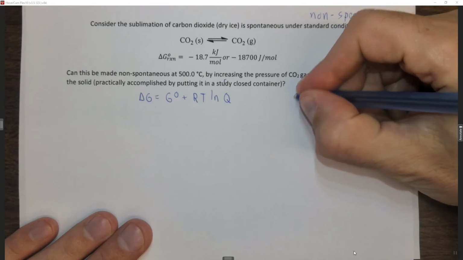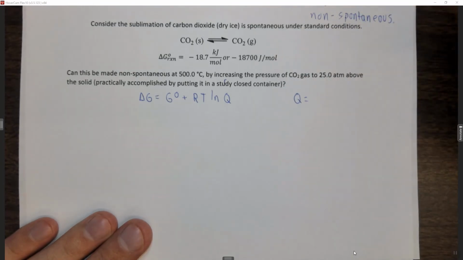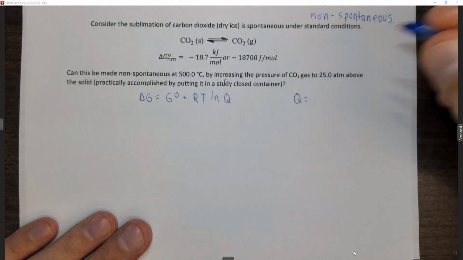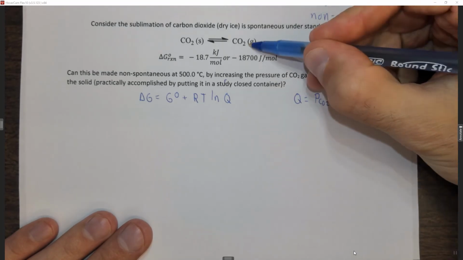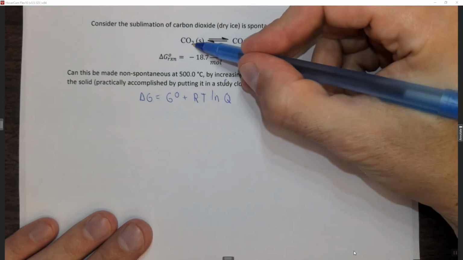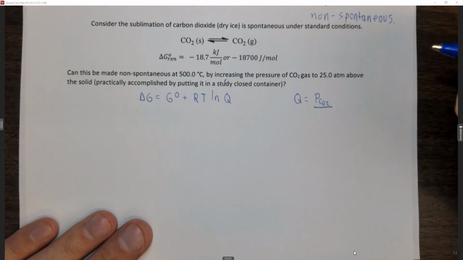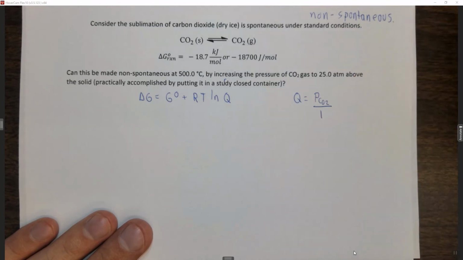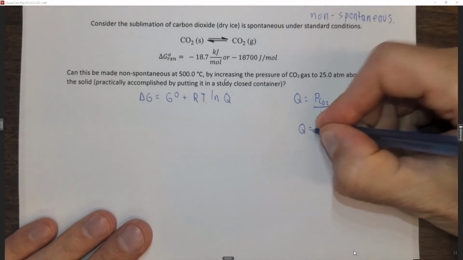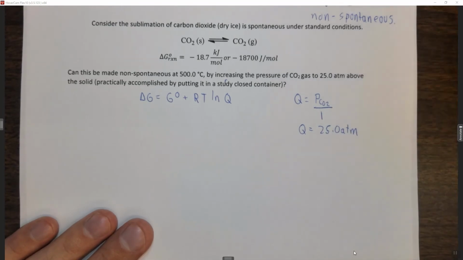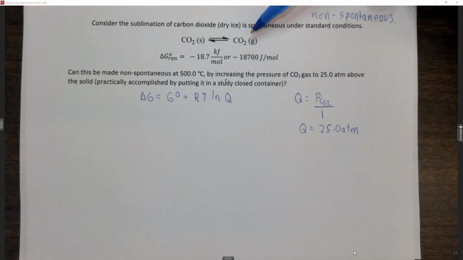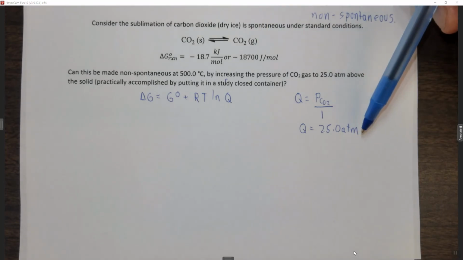In this case, Q is going to be in pressure units, and it's going to be the pressure of CO2 gas divided by, this is a solid, so it does not appear in there, over 1. So Q is actually going to be your 25.0 atmospheres because it's products over reactants, but in this case only the product is a gas, so there are no reactants.